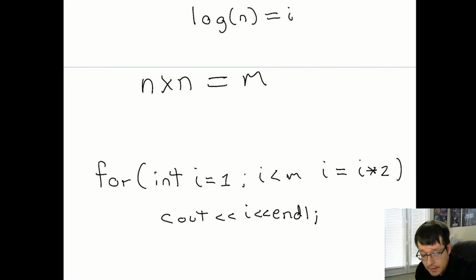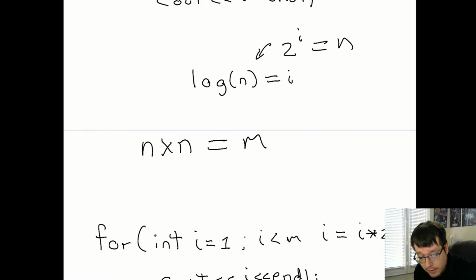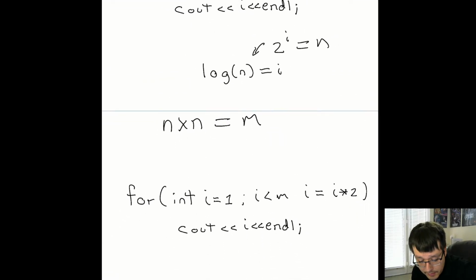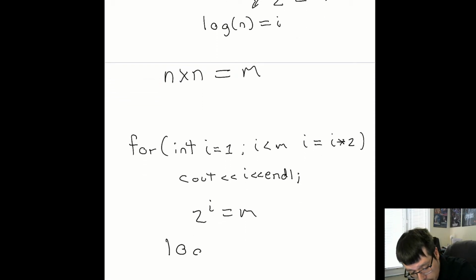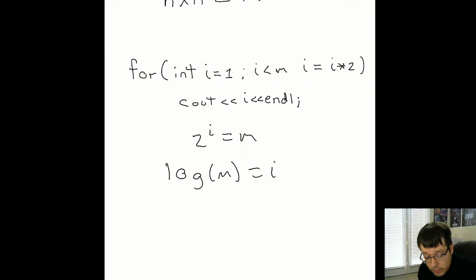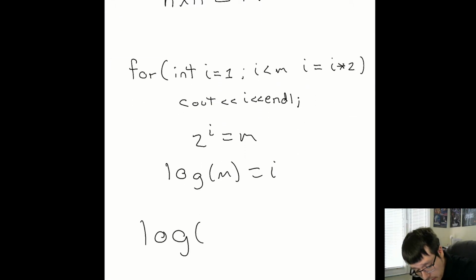Then we know that, because of what we just did earlier, 2 to the i is equal to m, and this is equal to log of m, right? And now that we have that answer, all we do is undo the substitution.